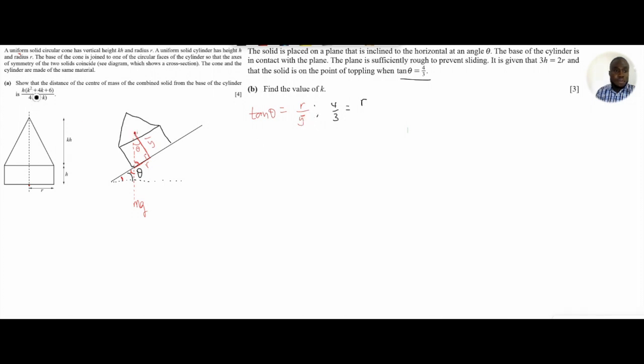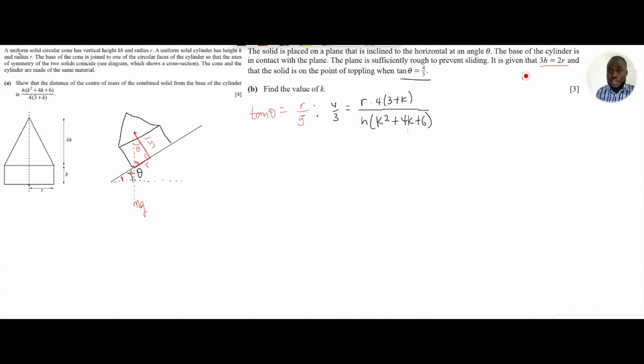So y bar is h into k squared plus 4k plus 6, all divided by 4 times 3 plus k. The inverse of that would be, now remember in this expression we have r over h, and here we have a condition that relates h and r.